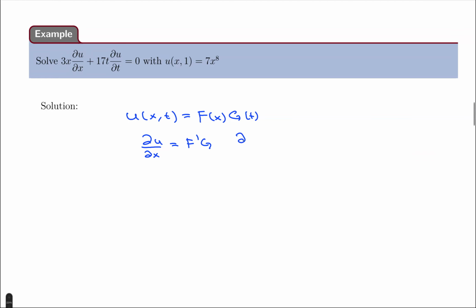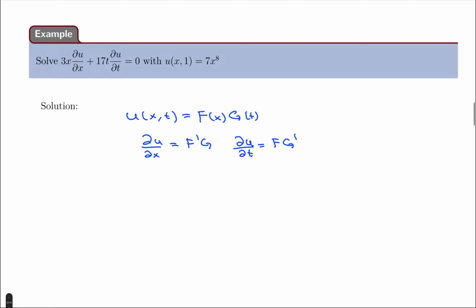And ∂u/∂t equals f, which remains constant because we're differentiating with respect to t, times g prime.